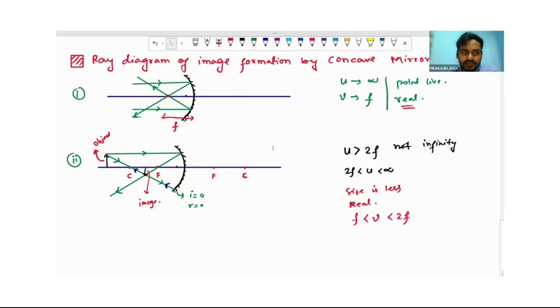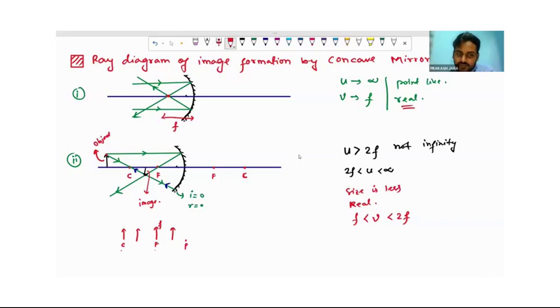I'm not going to draw all the ray diagrams. Following these rules, you can draw the rest of the cases: when the object is at C, when the object is at focus, when the object is between the center of curvature and focus, and when the object is between the pole and focus.